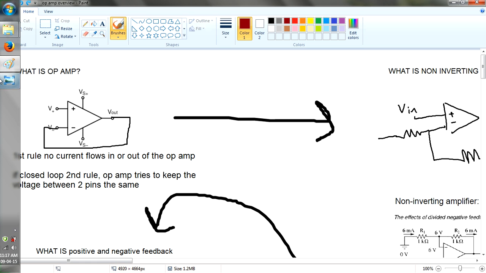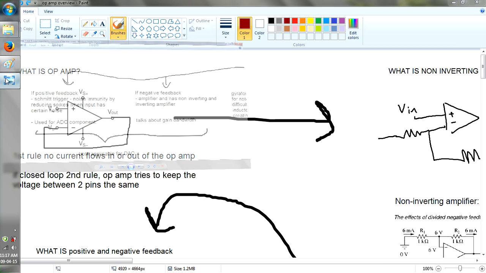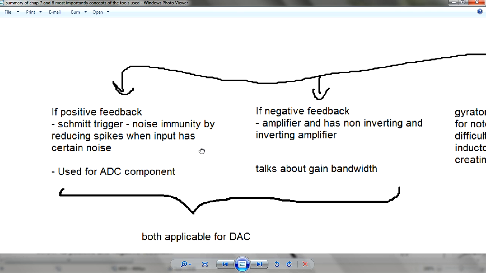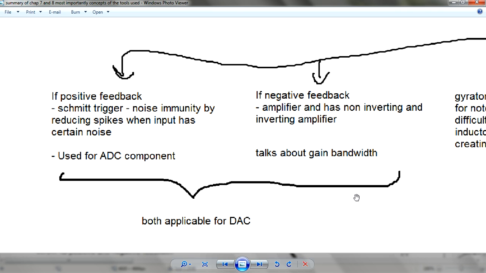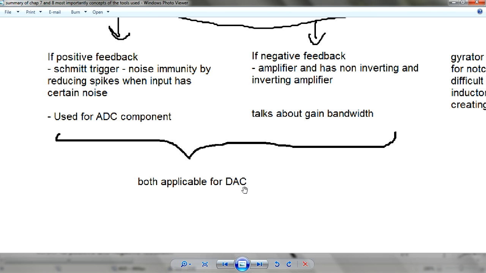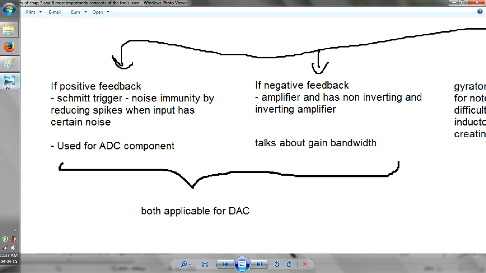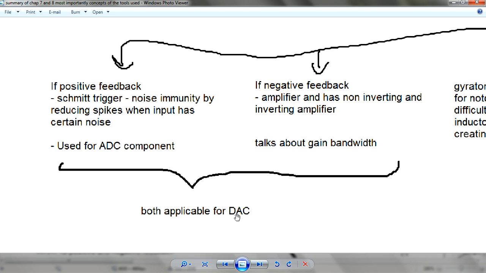So this is the first key thing that I want you to understand. Nonetheless, for positive or negative feedback, you can also use it for a DAC, digital to analog converter. Digital to analog means you connect all the digital signals from the electronic side and change them to analog.